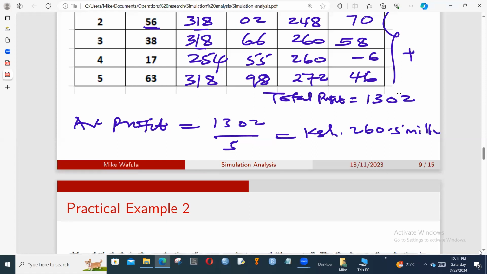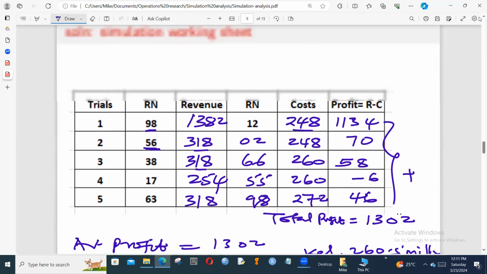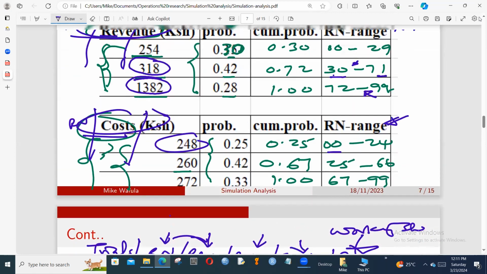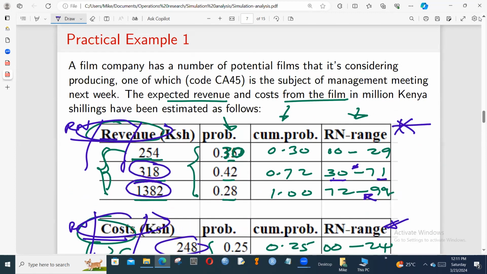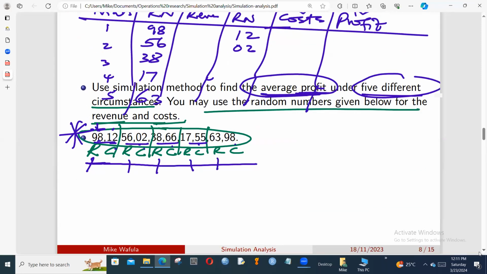That will be the average profit, using those 5 trials. And so maybe from that figure, one can figure out whether investing in that film industry is worthwhile. So that's how you use simulation in that kind of case.